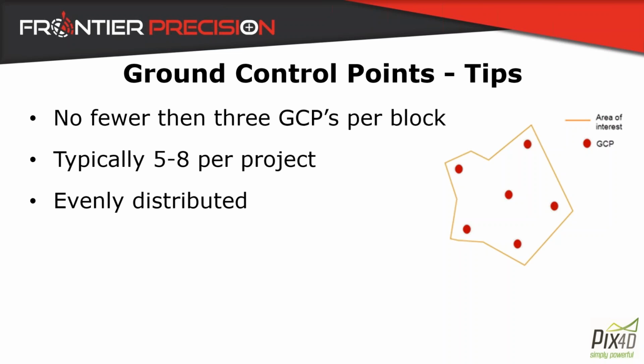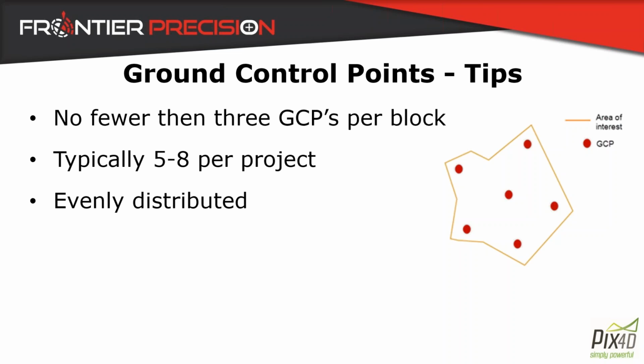But we want to make sure that they're evenly distributed throughout the site, just as the little animated thing shows on the right there. We don't want to cluster them all in one spot on our project. We want to spread them out and try to get some out towards the edges of our project. We'll also want to make sure that there's some in the middle, especially on sites where maybe we have a lot of vertical relief.